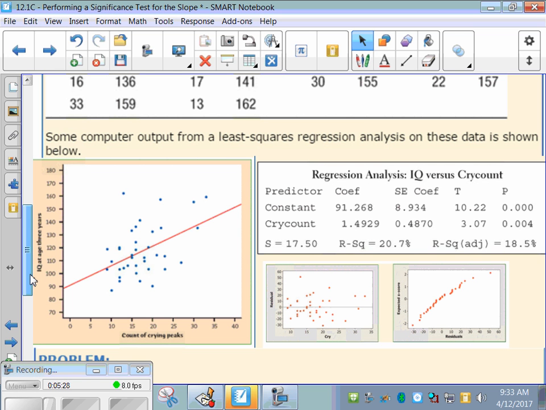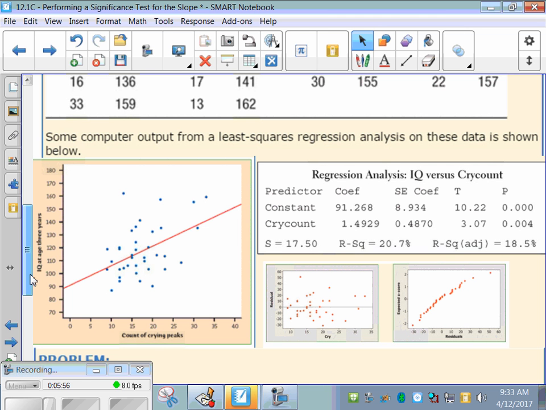All right, so they give us the output. We've got our normal scatter plot first. We've got all the information, regression analysis, which you guys need to be able to read what is what, those important numbers. So this one right here, what's this one? Alpha. Okay, that goes in for our y-intercept. What's this one? B. This is our slope for our regression line. And what's this number? Because this one's special too.